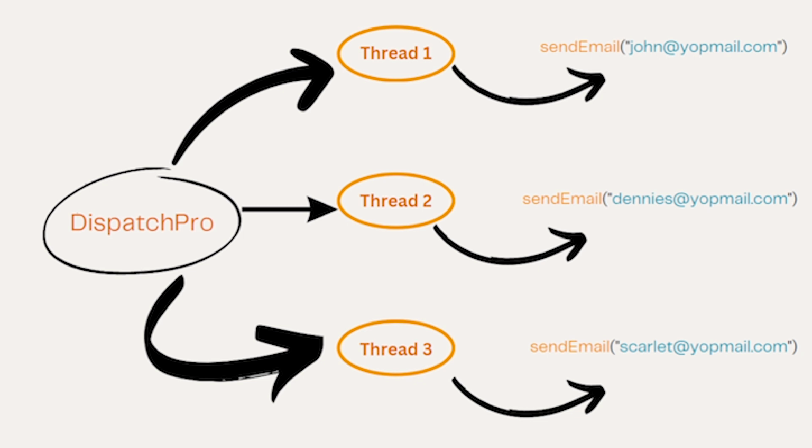Basically, DispatchPro is saying to all threads, can you send the mail that I have given you to our client? So thread 1 says okay, it's my responsibility to send that email to the client that you assigned to me. In this case, DispatchPro will only create threads, not dealing with the email-sending functionality. For that reason, DispatchPro will not wait for each email to complete its task.